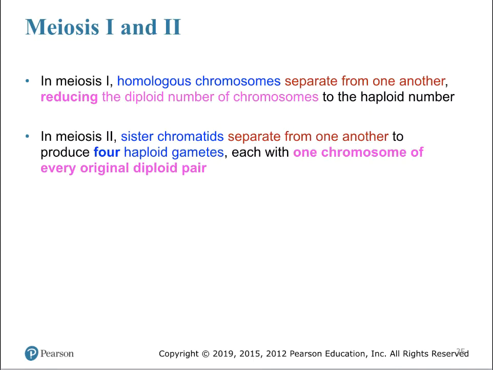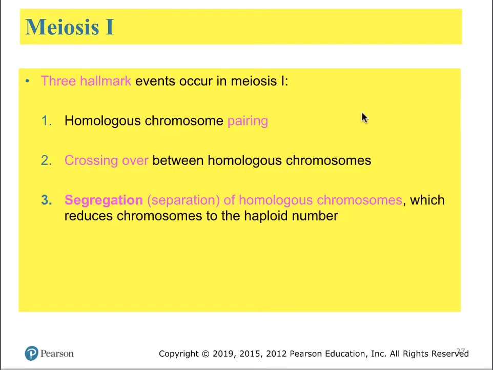From the genetics perspective, there's one pink elephant in the room, and that elephant is the difference between mitosis and meiosis. In mitosis, the homologous chromosomes do not interact with each other whatsoever. In meiosis, the homologous chromosomes are meant to come together in meiosis I and pair up. Overall, meiosis has three major hallmarks.